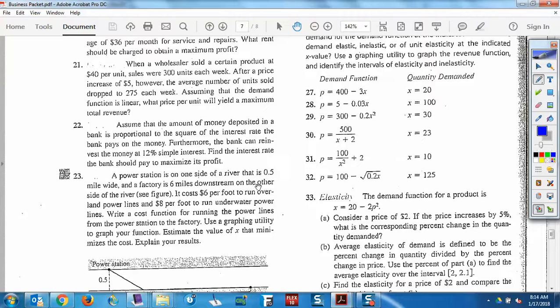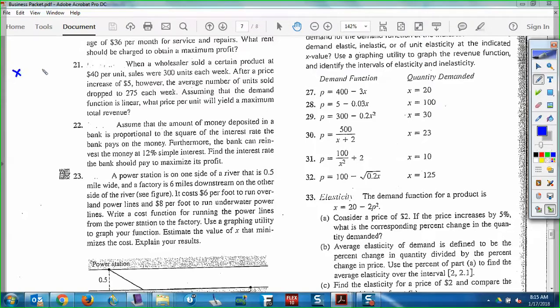So again, if I just show you what we did the other day, I think the easy way, if you're not sure, is make yourself a little XY thing. 300 units, $40. 275 units. A price increase to 45, right? It goes down 25 units with a price increase of $5.